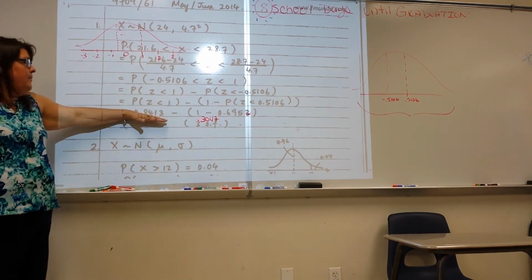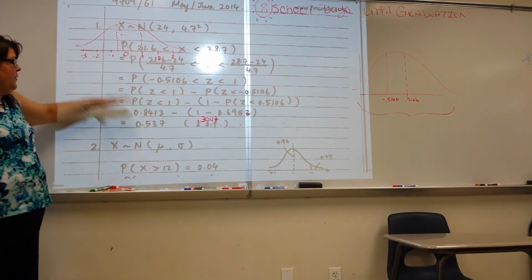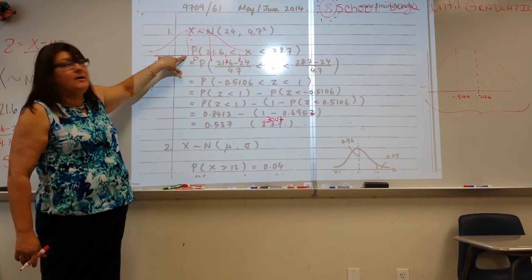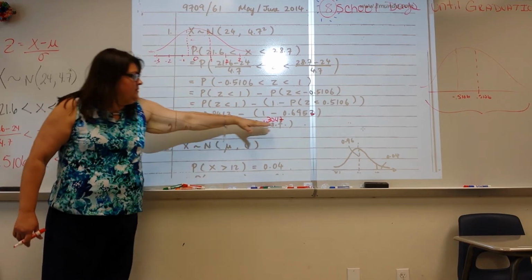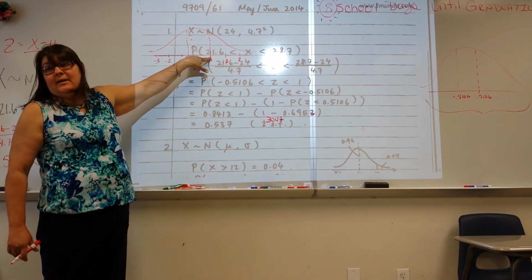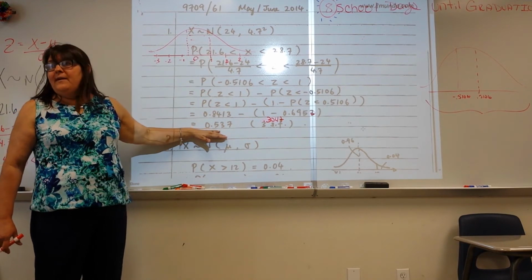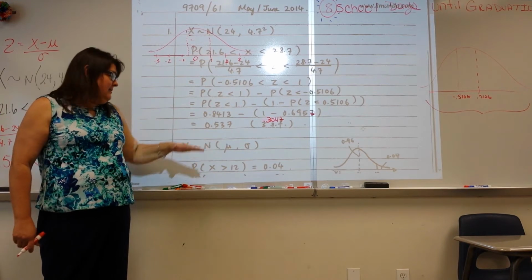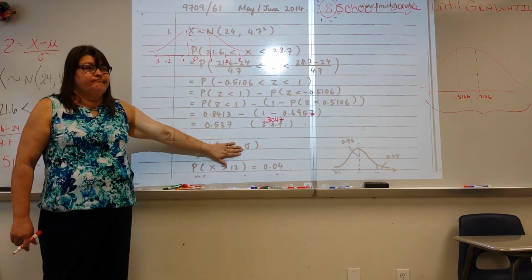So that is from here to here is 0.8413, right? Minus from here to here, which is 0.3047. That gives me this spot here, which is 0.537. Okay? So that's how that works.